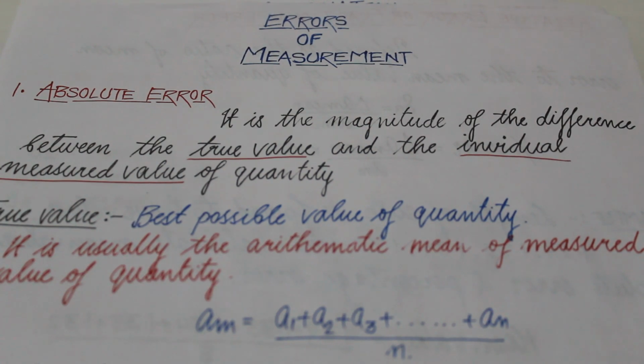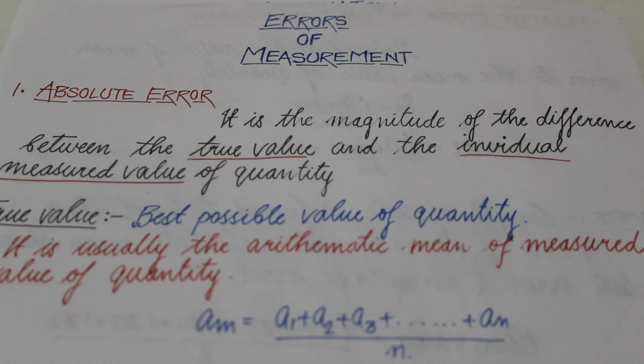In that case also there might be some error. So to minimize those errors, what we do is we take at least 4 to 5 readings of a certain thing, and then we try to find out the error and eliminate this error so that we can get a near perfect value. It is not possible to get a perfect value in every case, so we try to get a near perfect value which can solve our purpose.